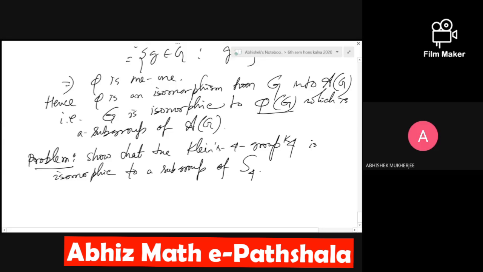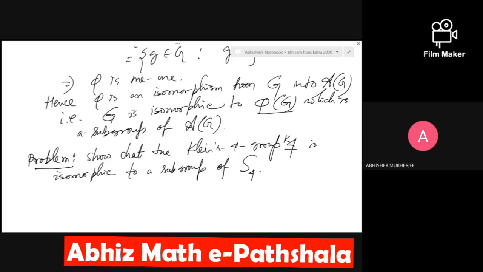Why is it S4? Because we are considering the group K4 which has 4 elements, so the permutations on a set of 4 elements will be S4, the symmetric group of order 4. That is why we are writing that the Klein's group is isomorphic to a subgroup of S4.